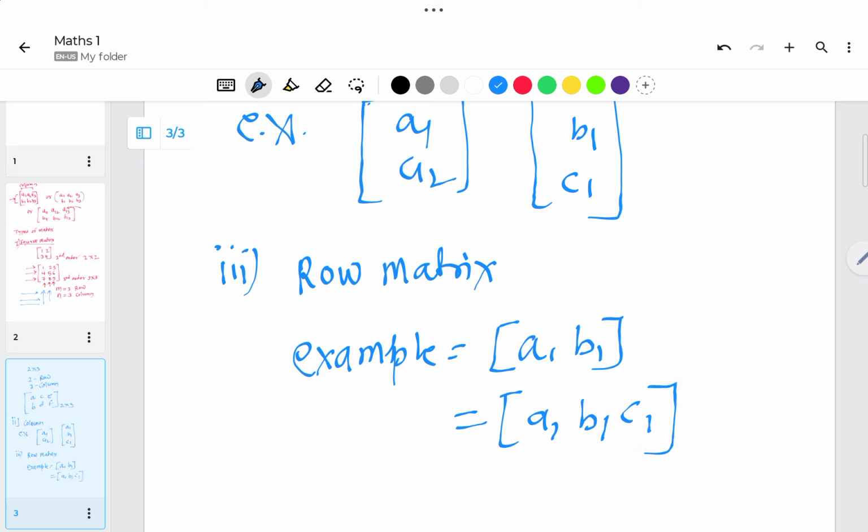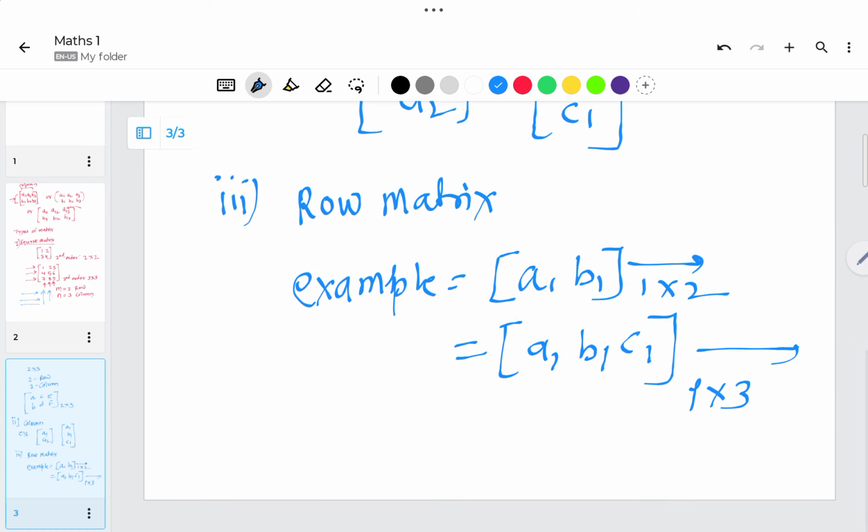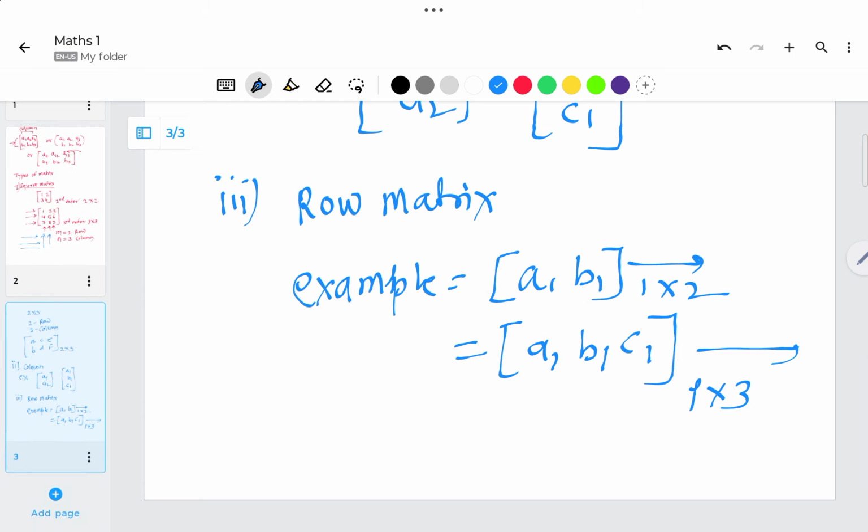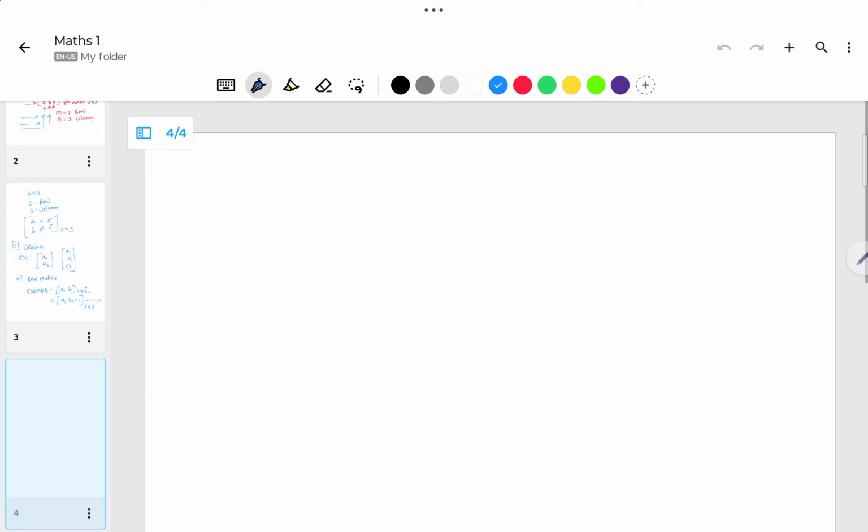This is called a row matrix because there is only one row. 1 into 3, 1 into 2 types of matrix are called a row matrix. Then next, I can go further to the next type of matrix.